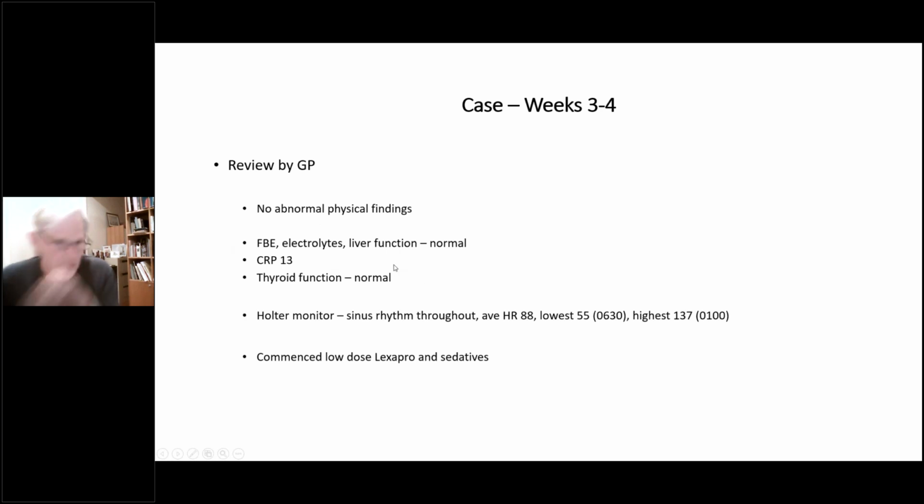Blood tests were essentially normal, and because of the past history of paroxysmal atrial tachycardia, he arranged a Holter monitor that essentially was normal, and he recognised that there may have been a significant mood change and commenced low-dose Lexapro and prescribed sedatives to help restore sleep rhythm at night, although the patient wasn't compliant with those.